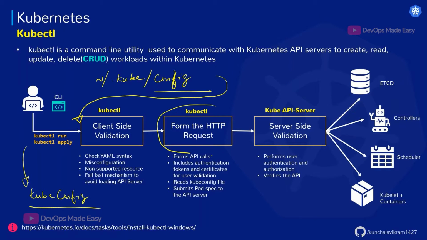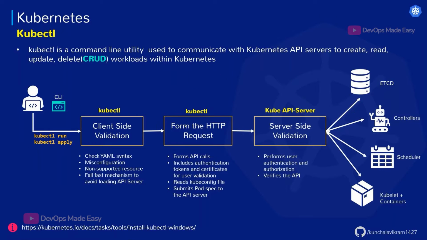That happens in the second step. So kubectl will form that REST API request, including the authentication information, certificates, tokens, etc., by reading the kubeconfig file.